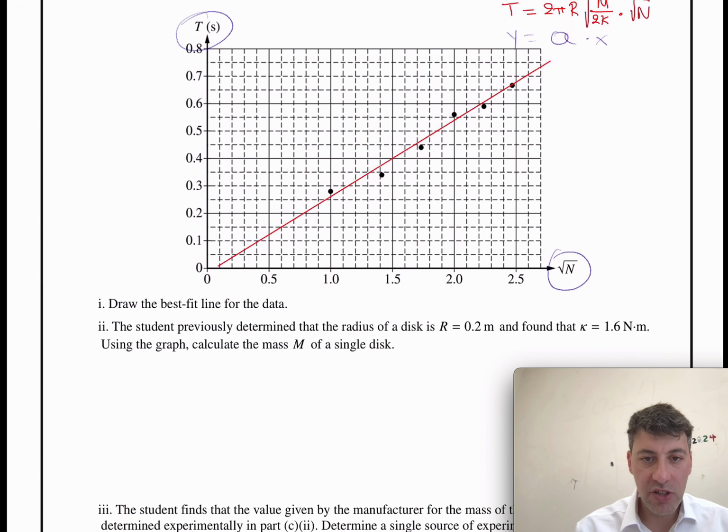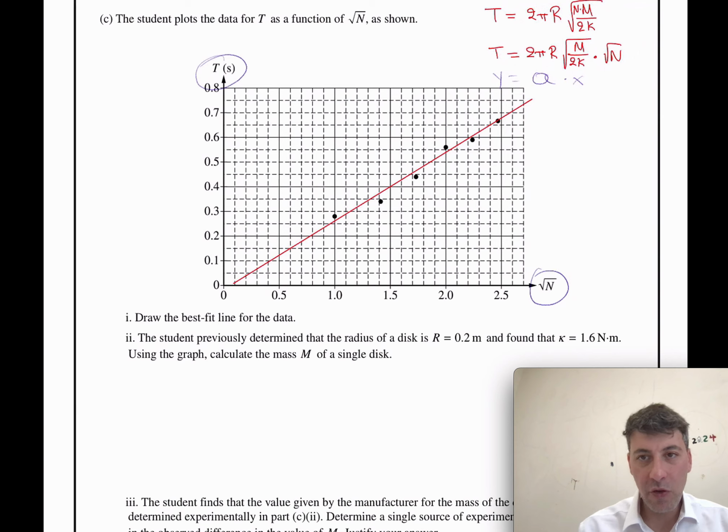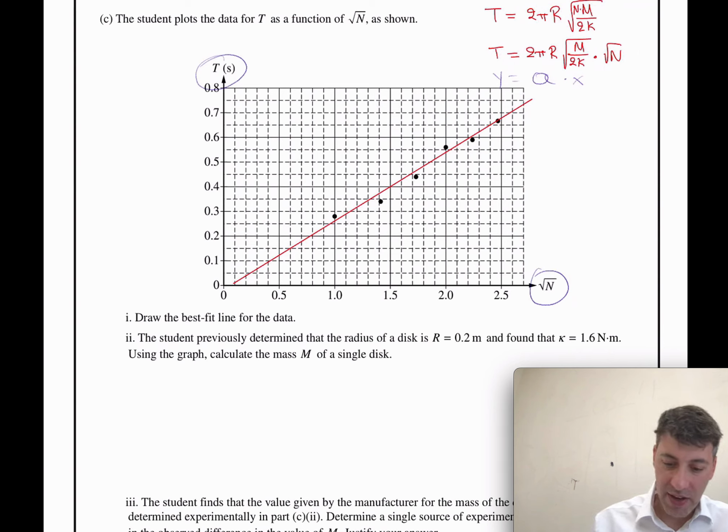So this is the best fit line. For this application, we have the radius r as a given, the constant for the pendulum k also given, and from this we need to find the mass of a single disk. Now, it is very, very important to write the rule one more time.